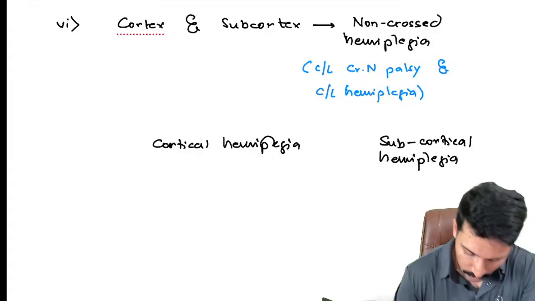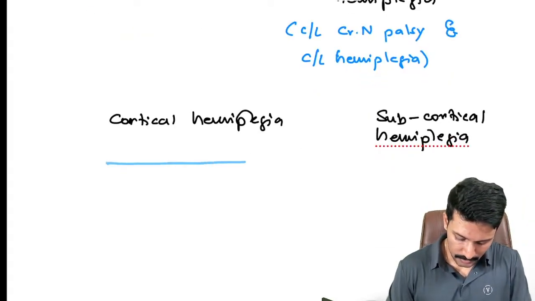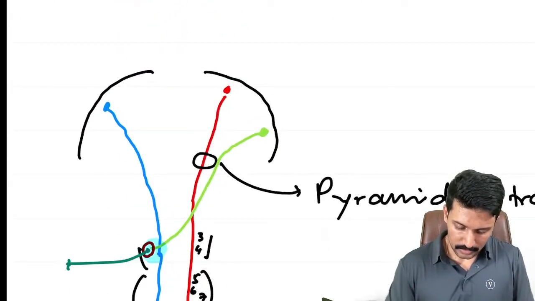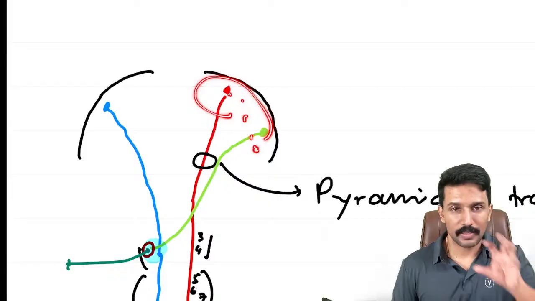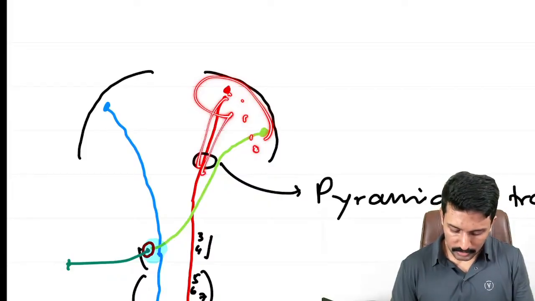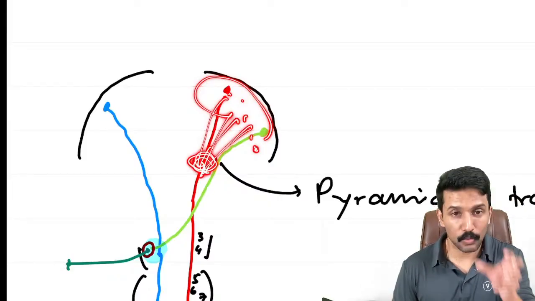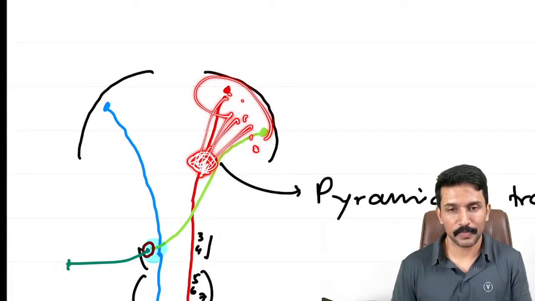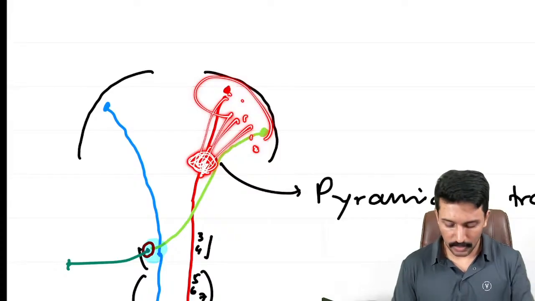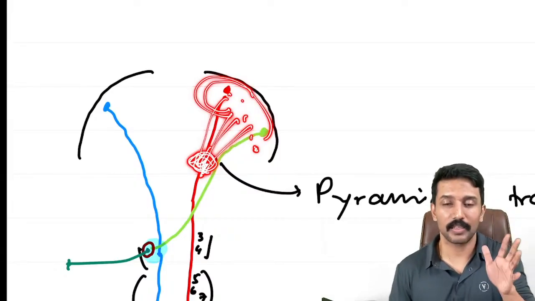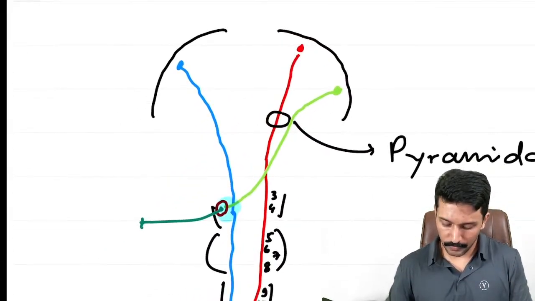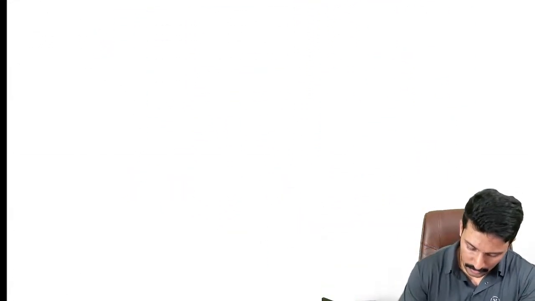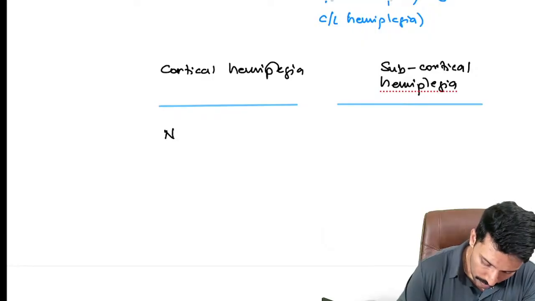I hope you remember in the offline classes when we were discussing it, I had specifically told you that in the cortex, all these neurons are sparsely distributed, but all their cell bodies and axons come down and form a compact structure in the subcortex. So when we do damage to the subcortex, it does more damage, right? Damage to the cortex will lead to fewer neurons being affected. So that's why cortical hemiplegia is non-dense.